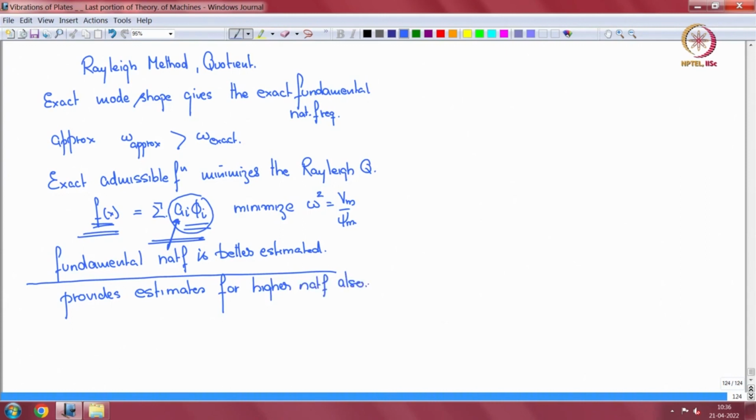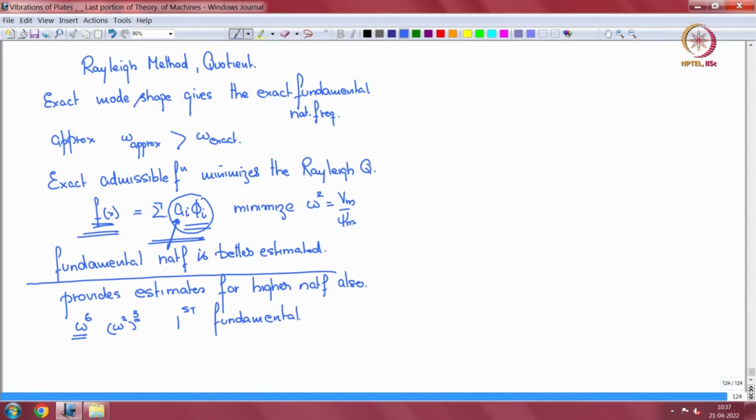When you do this, you end up with a set of matrix equations where there is omega. You have to take a determinant, and based on the size of the matrices, omega will have powers, either square, fourth, sixth, and so forth, and therefore you will have omega square times three natural frequencies. The first, of course, is an estimate of the fundamental, whereas the others are estimates of higher natural frequencies.